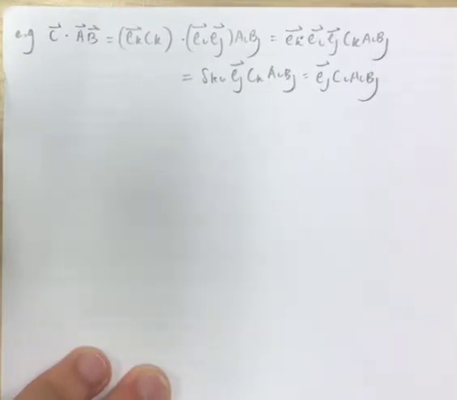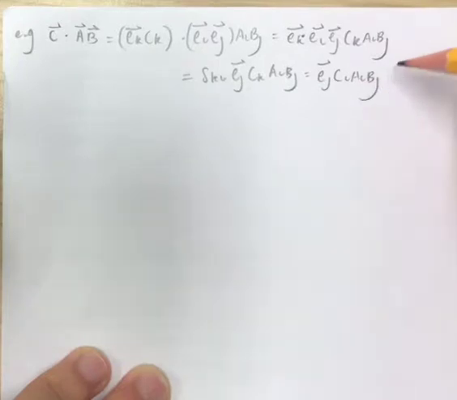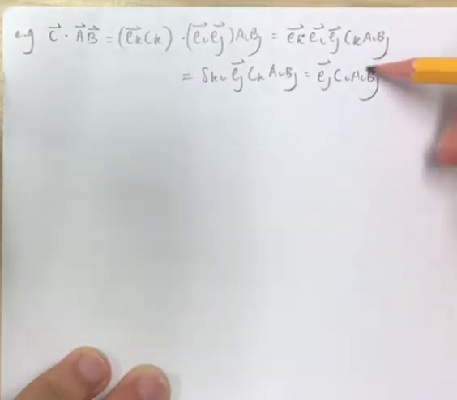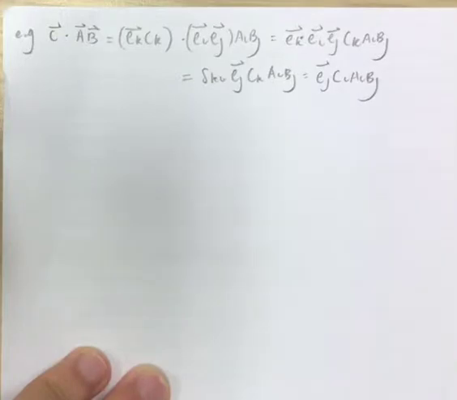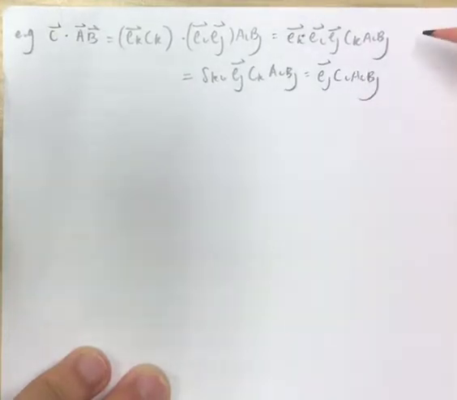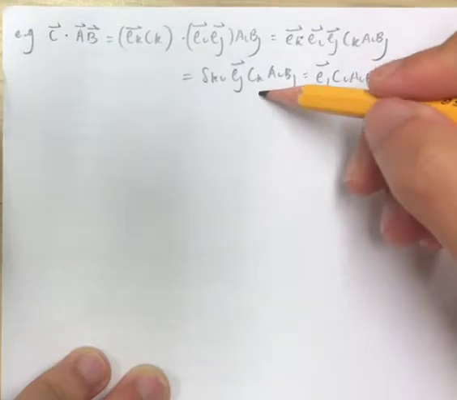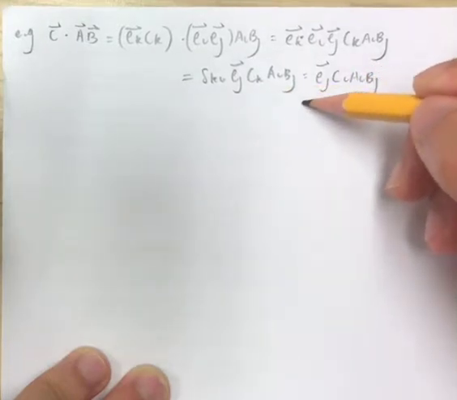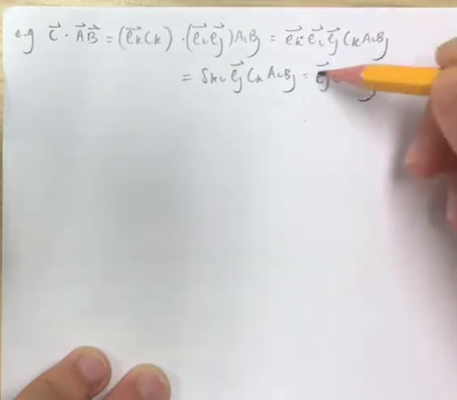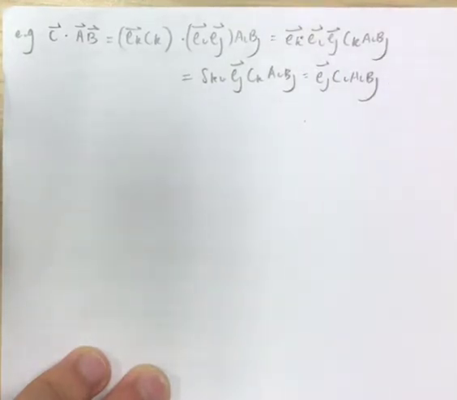Well, let me ask you a question. What's the dimension of this thing? We see that the i here appears twice, and the j here appears twice too. So we need to sum both of them: for i equals 1 to 3, for j equals 1 to 3, and we sum all the 9 terms.